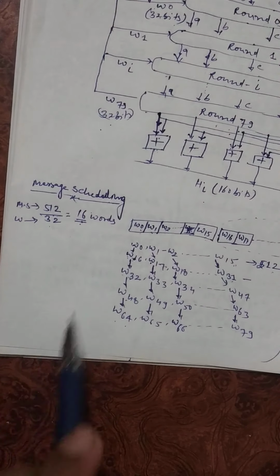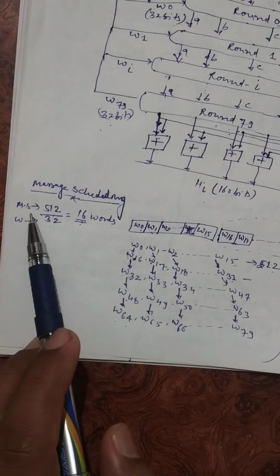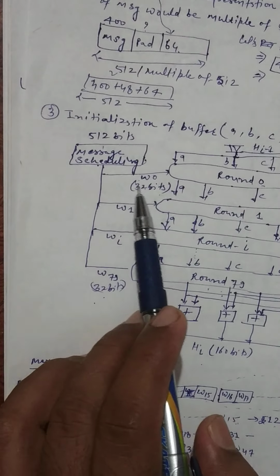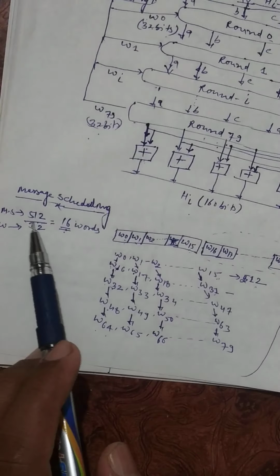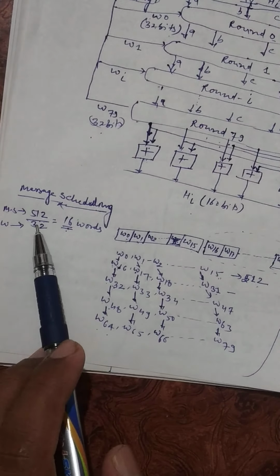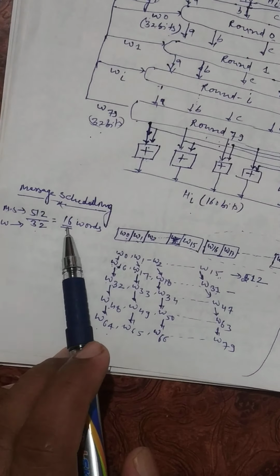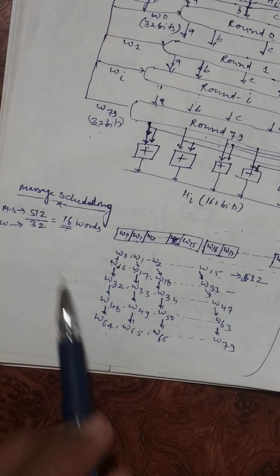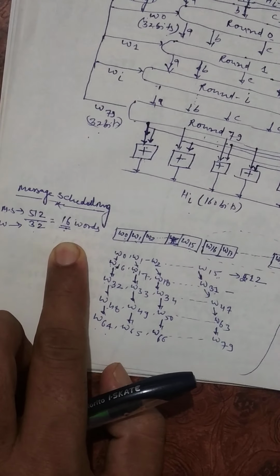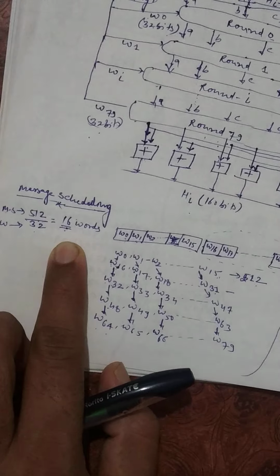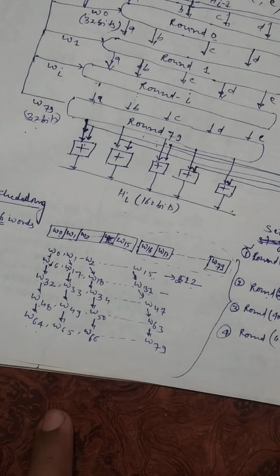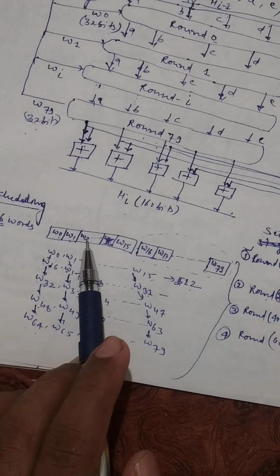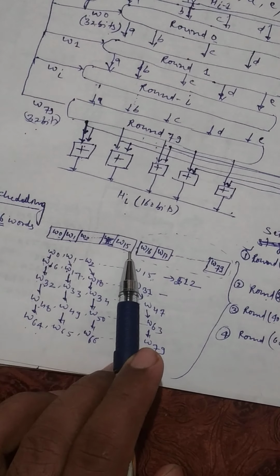Message scheduling. What is the size of our message? 512 bits as we have seen, and the size of each word is 32. So 512 divided by 32 is 16, which means we can generate 16 words. So you can take 16 words: W0, W1, W2, W3, W4 up to W15.